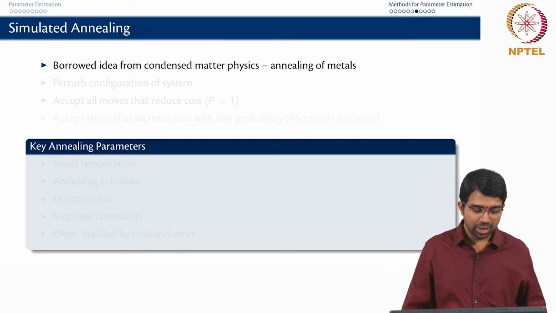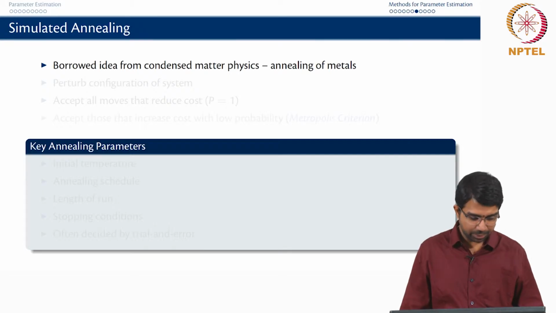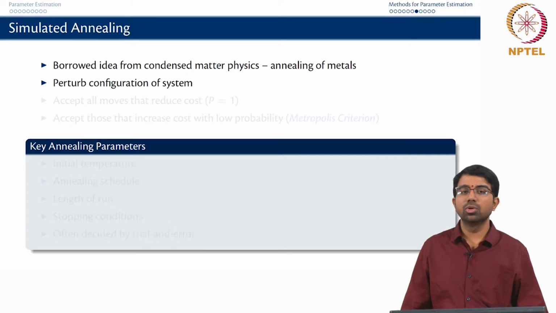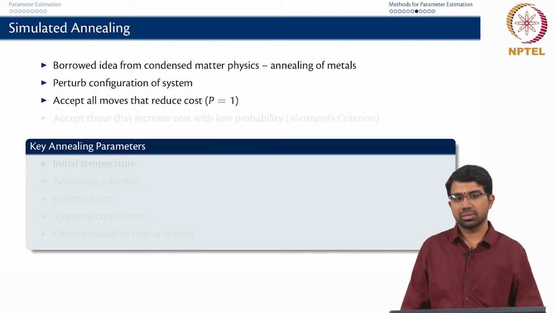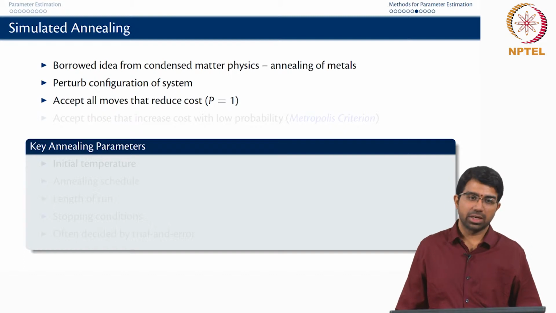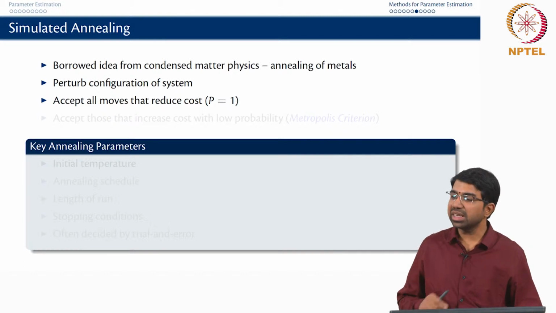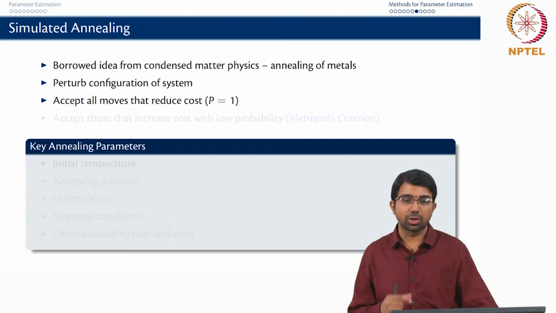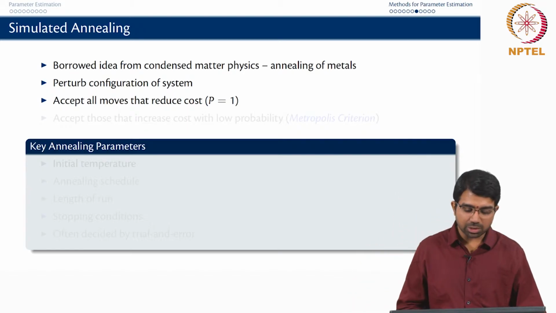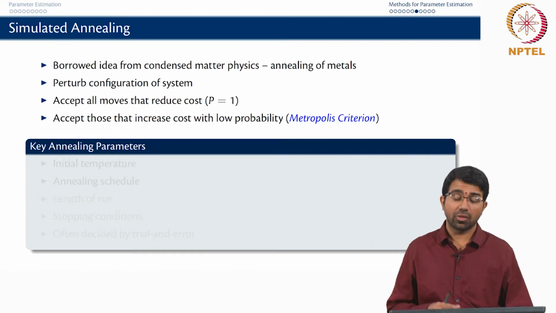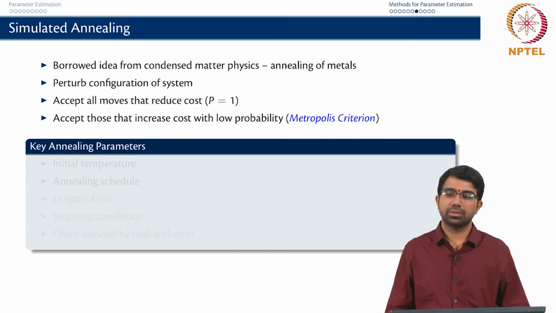So, how does it work? The key idea is you perturb the configuration of a system and you accept all moves that reduce the cost. This is your classic hill climbing, no difference from hill climbing. But the key innovation, known as the Metropolis criterion, is that you also accept a small fraction of the moves that increase cost, with low probability.